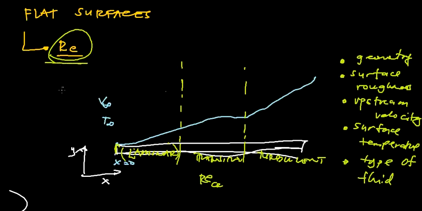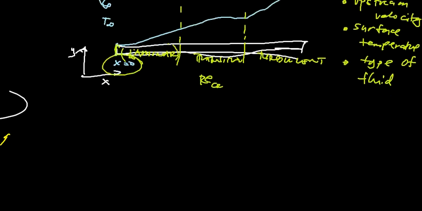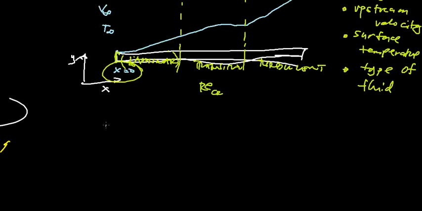The local Reynolds number at a distance x from the leading edge of this plate, of this flat surface, can be expressed using our formula from last time.